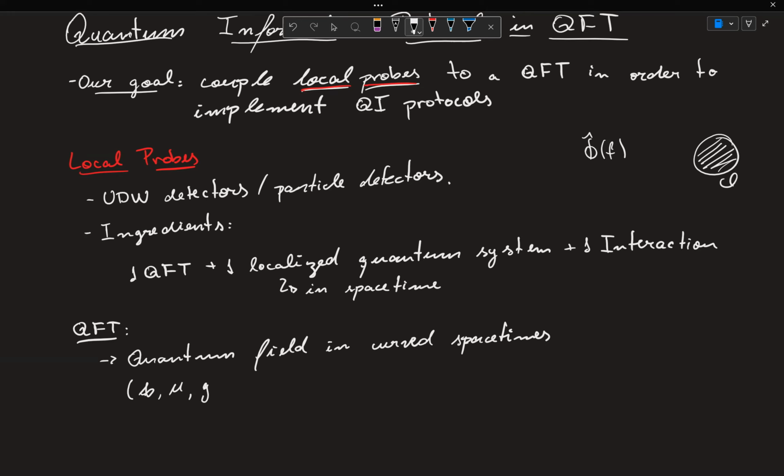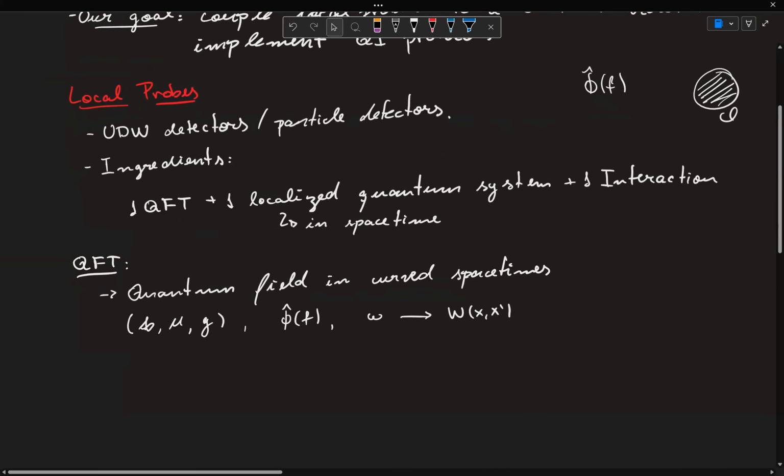We have a spacetime M, we have a metric g, we have our smeared field operators, and we're also going to fix the state, omega, which gives rise to our two-point function, which we discussed a little bit yesterday, and also to all of the propagators that come associated with it, right?